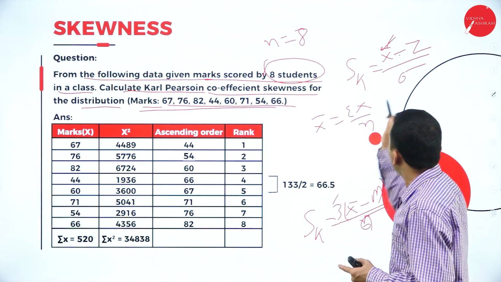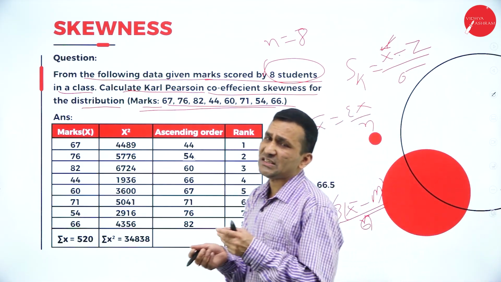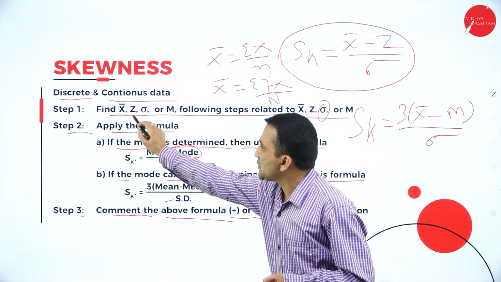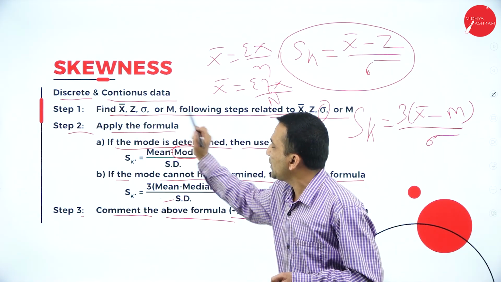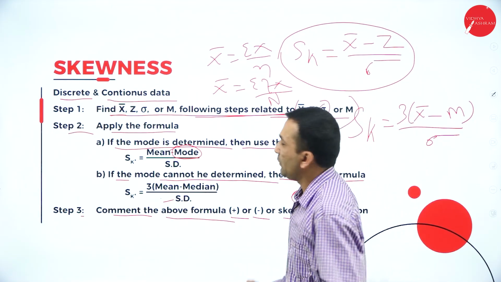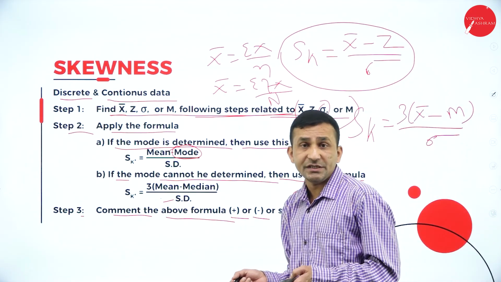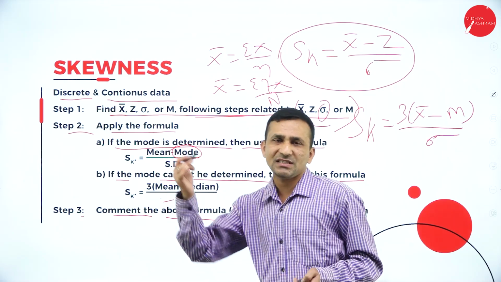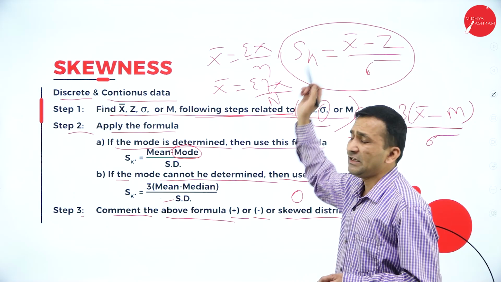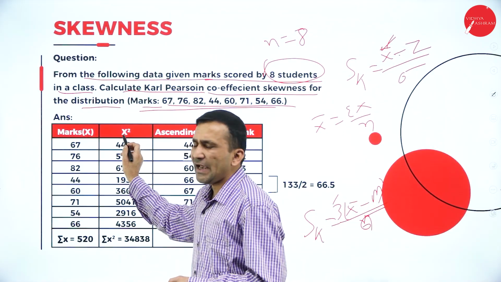Now what is left is the median, for which you need to follow certain steps. I have clearly specified that for x bar, mode, standard deviation and median, the steps are from the first unit. Whatever steps you followed for discrete, grouped or continuous data, the same procedure applies to find whatever is required by the formula. Why did I take x square first?